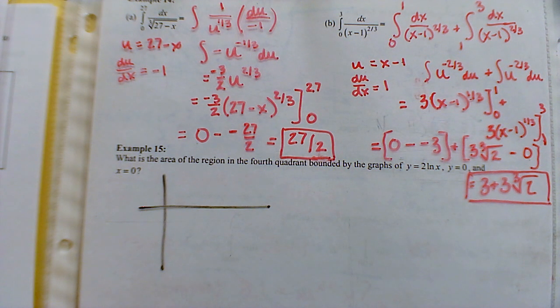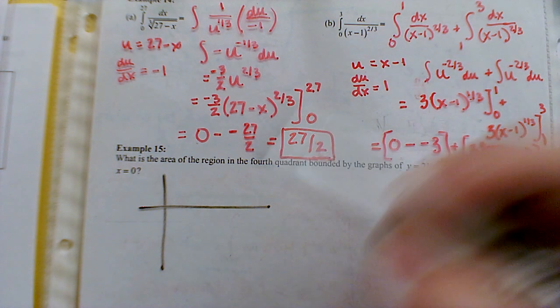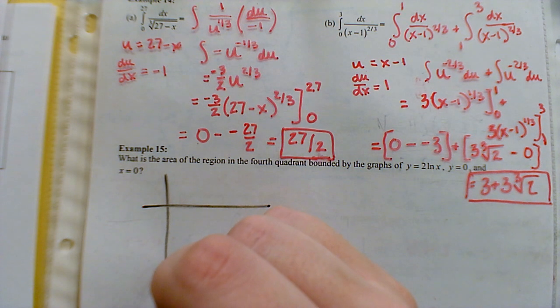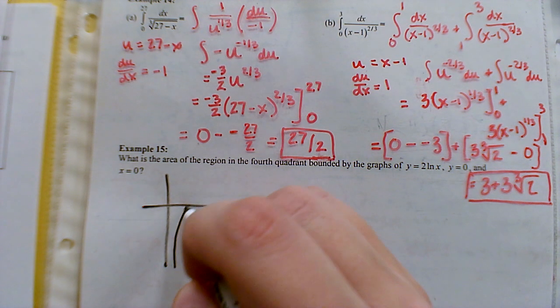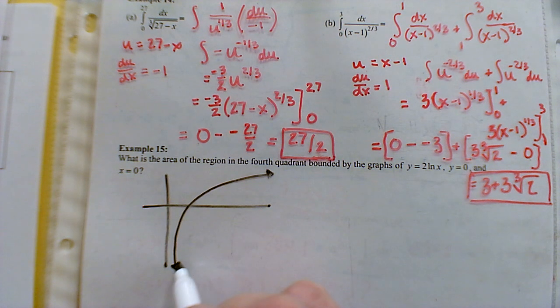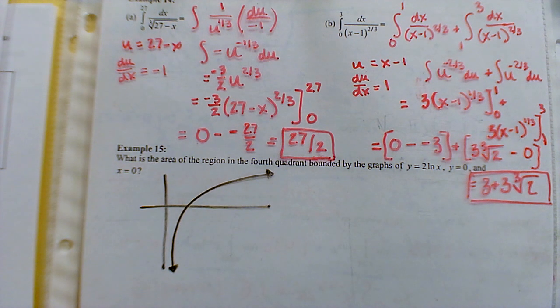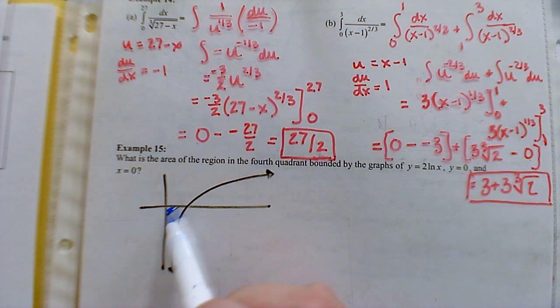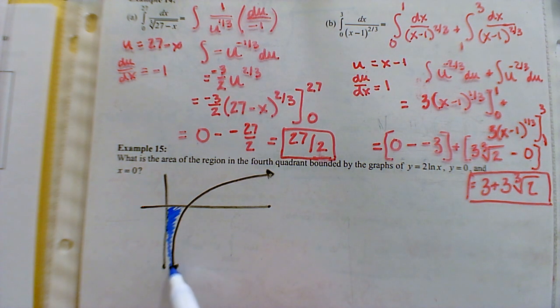Might be a little tricky. Let's see. It has a vertical asymptote at the y-axis, and then it kind of curves up from there. So we want the area in the fourth quadrant bounded by that graph and y equals 0, which is technically your x-axis. So it looks like we want this section.